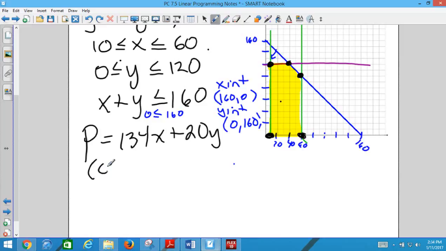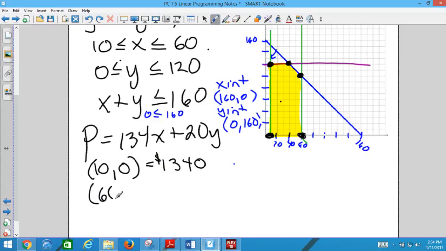The first vertex is 10, 0. So I plug that into the profit function, and I get $1,340. So making 10 mopeds, that's the profit I'm going to get.